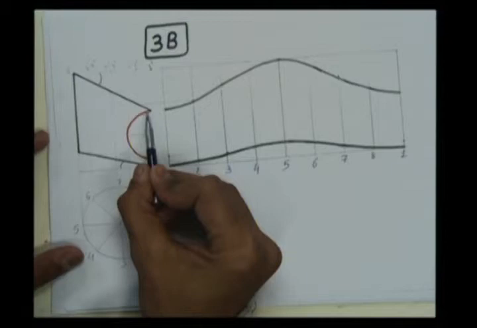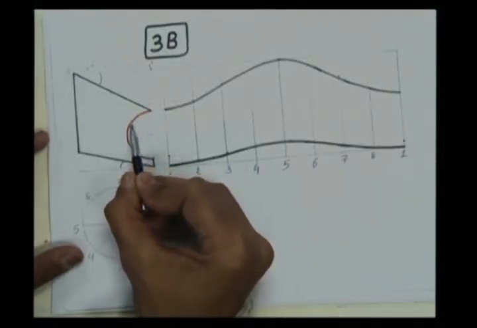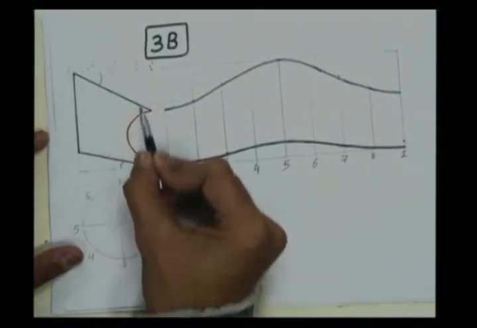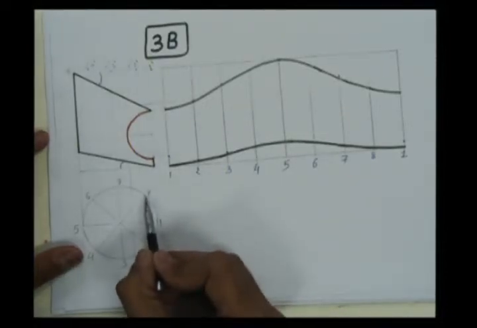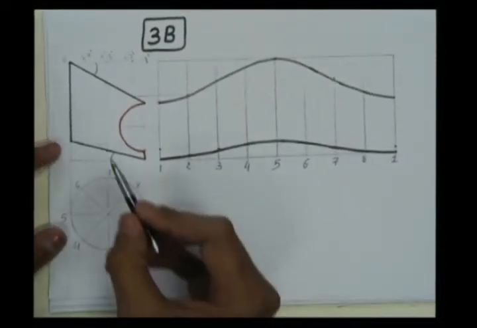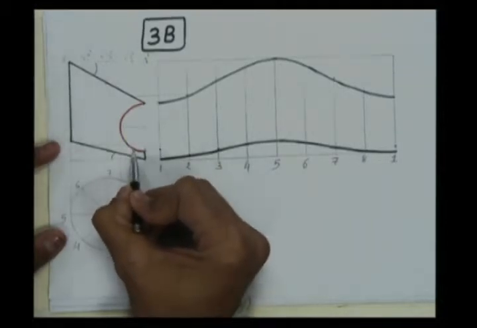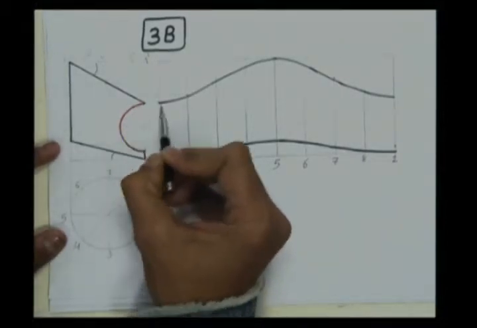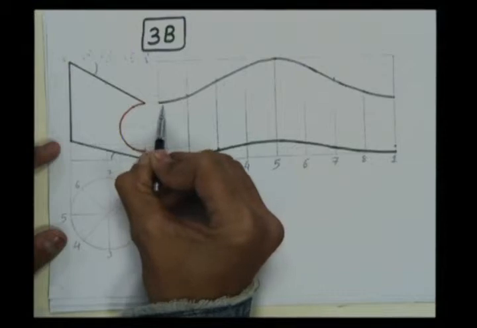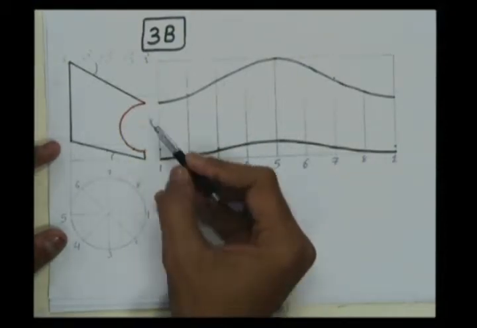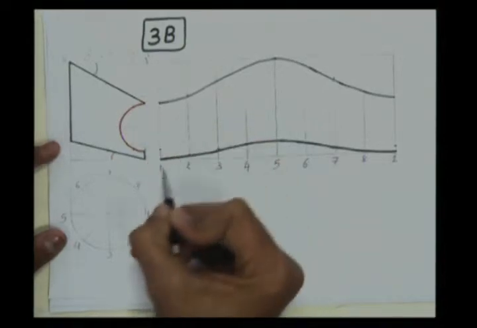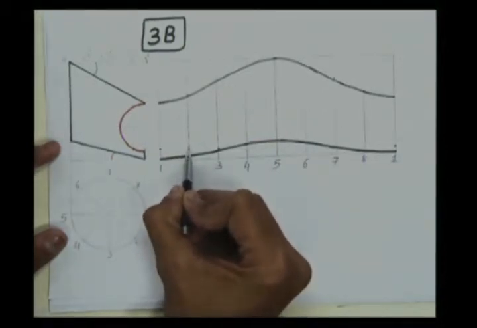Now here is the point of intersection between this arc and imaginary generators 2 days and 8 days. Here two generators are there, 2 days and 8 days over the outer periphery of the cylinder. So pick up those 2 points. Here is point number 1, here is another point. So from these 2 points, draw a straight horizontal line that will cut the vertical line from point 2 at this point, and from here at this point.